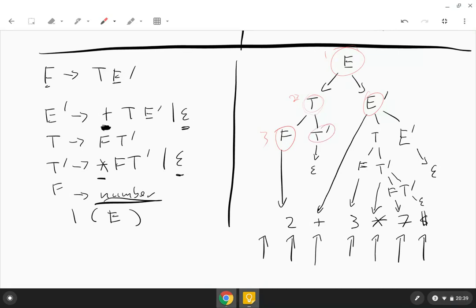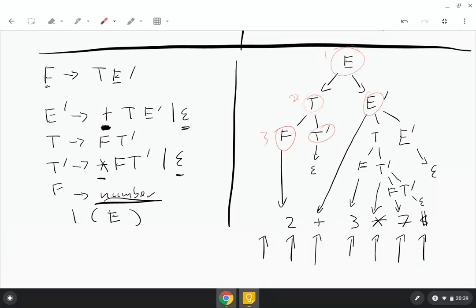T prime is still going to be called, even though it's matching epsilon, but because the look ahead token doesn't match any of the productions for T prime, it's just going to do nothing. It's not going to call any other functions or consume any input.